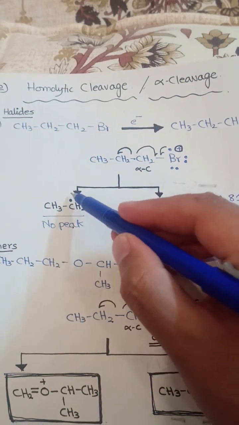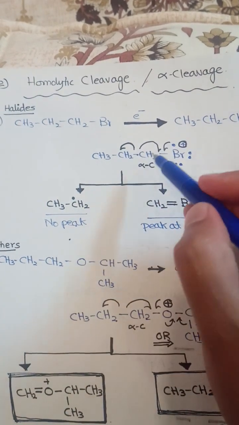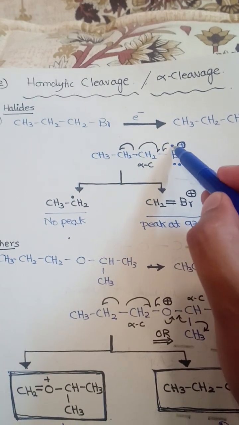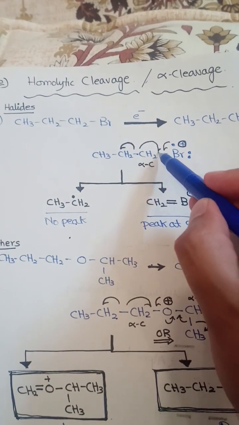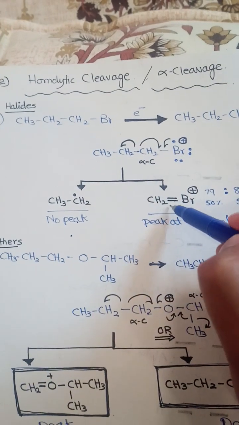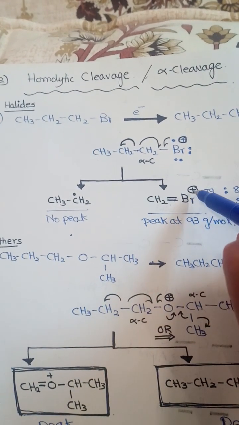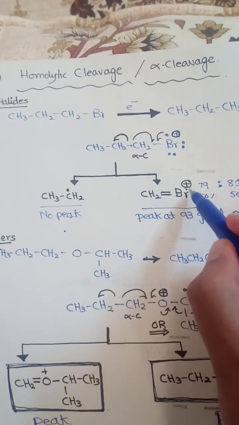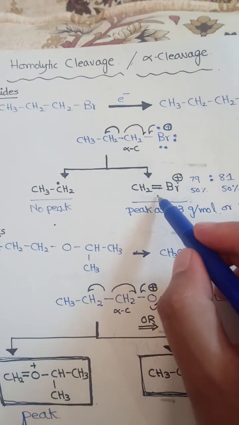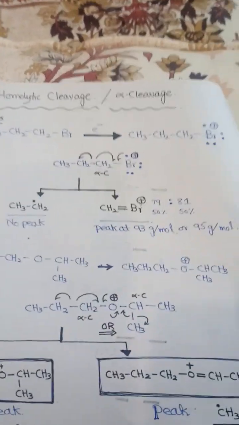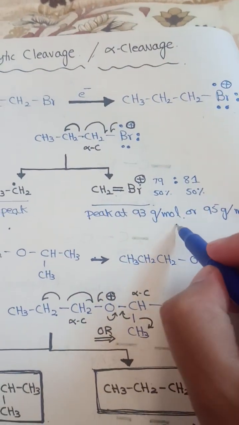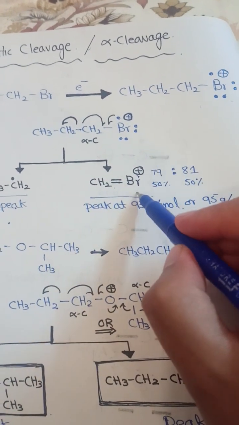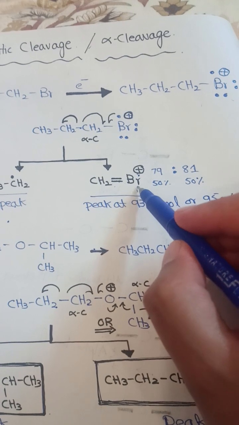So this ethyl group as a free radical will give us no peak, whereas when this electron is shifted here, one electron from this bromonium ion will be shifted here and we get a double bond here. So here we get a double bond and the positive charge remains as it is, and thus we get a peak of this group, and this peak will be observed at either 93 gram per mole or 95 gram per mole depending on the percentage isotope of this bromine.